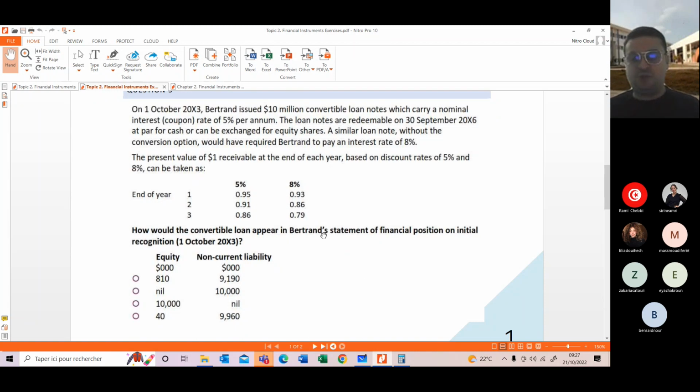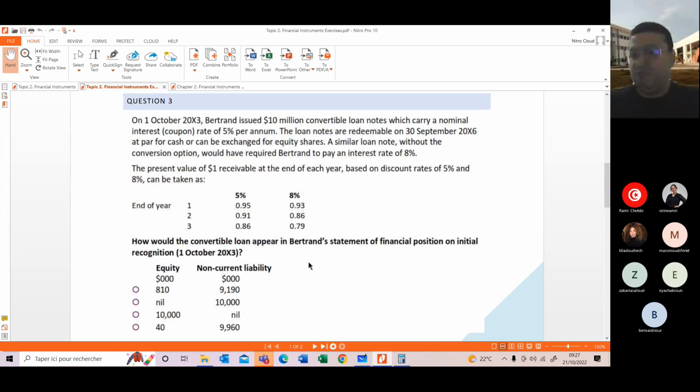All right, what is the solution strategy to answer this question? First things first, we have to classify this into one of the 3 categories that you know. Is it a financial asset? Is it a financial liability?